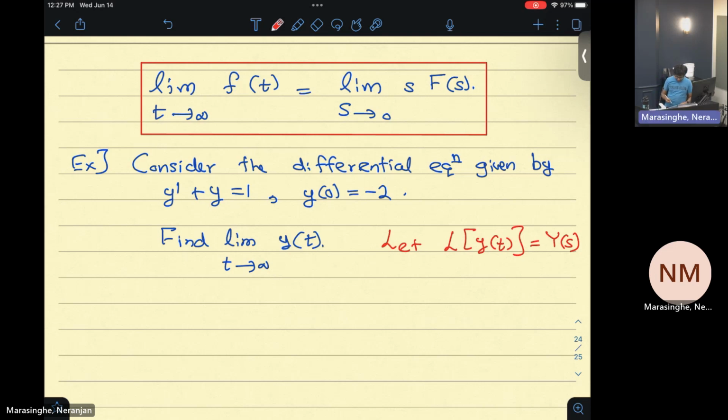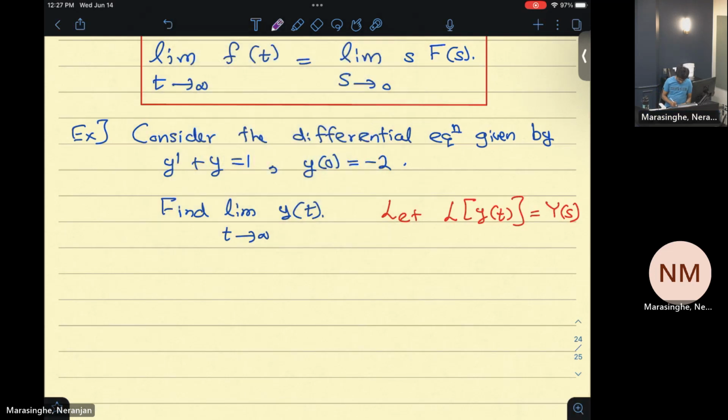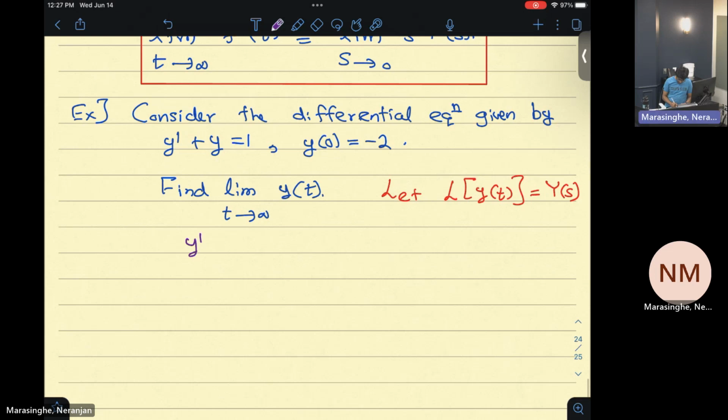Just consider the given differential equation. You are given that y' + y = 1. So apply the Laplace transform to both sides. The Laplace transform of y' + y is equal to the Laplace transform of 1.